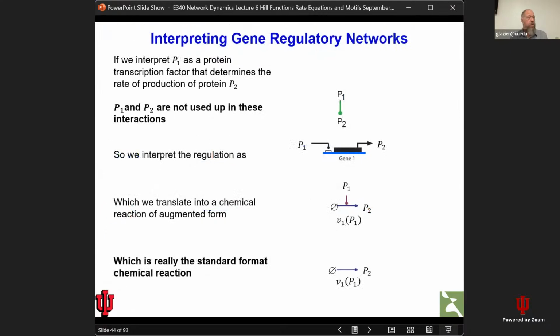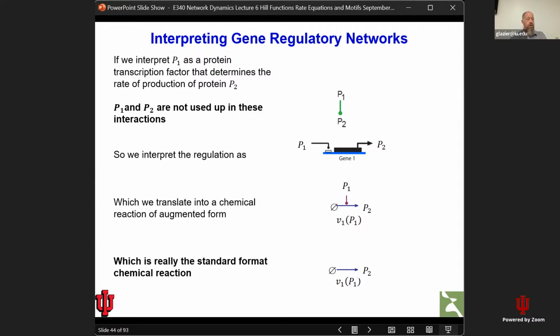If we're doing gene regulatory networks, the initial diagram may look slightly different, but the way we interpret things is similar. Here we have protein 1 activates the production of protein 2. And this is what we're going to be simulating, except that it's going to be protein 1 activates the production of protein 1.